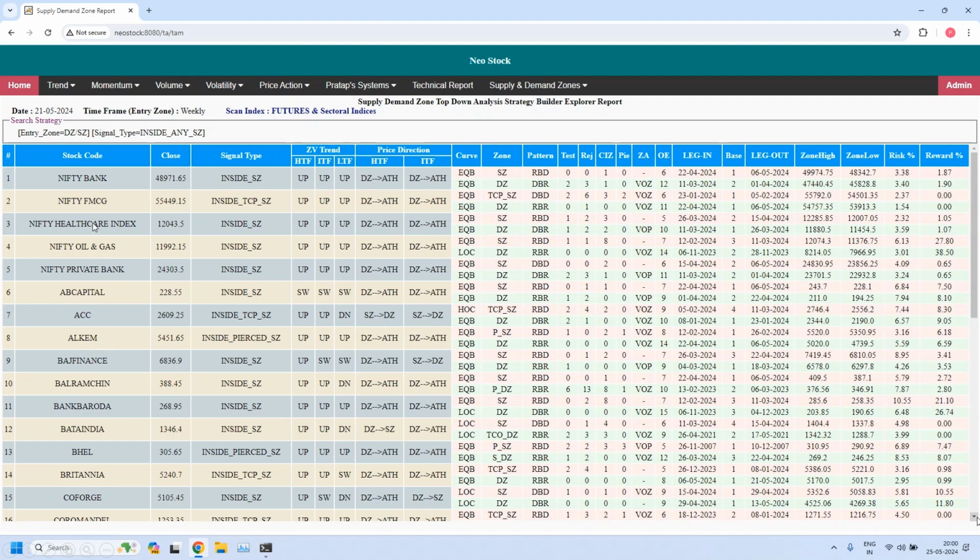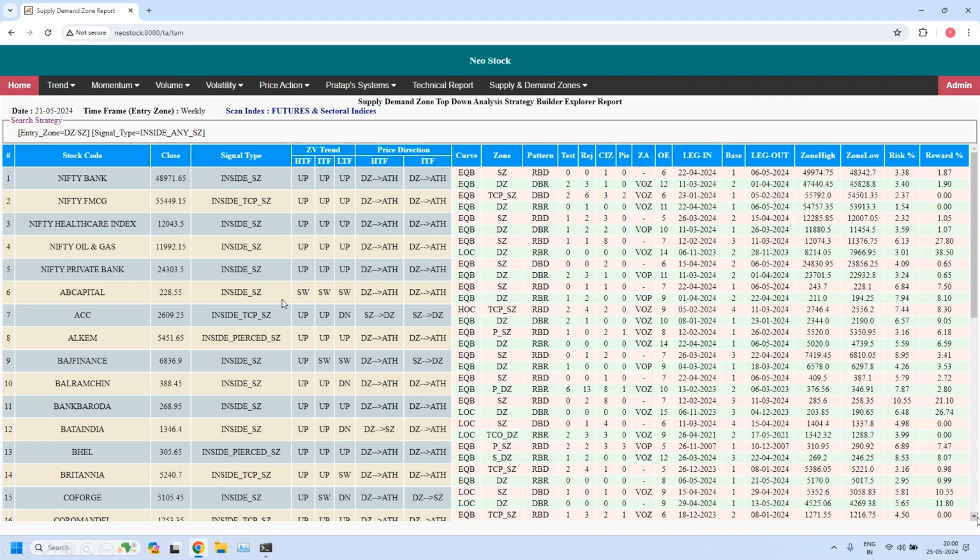In this report we have indices, and this is the first stock. Let us take this ABC Capital as an example. Currently price is closed inside the weekly supply zone. Weekly supply zone means this stock will be useful for short trades. But how will we make use of this? I will explain by drawing the weekly zone first, and then how some people are using this strategy.